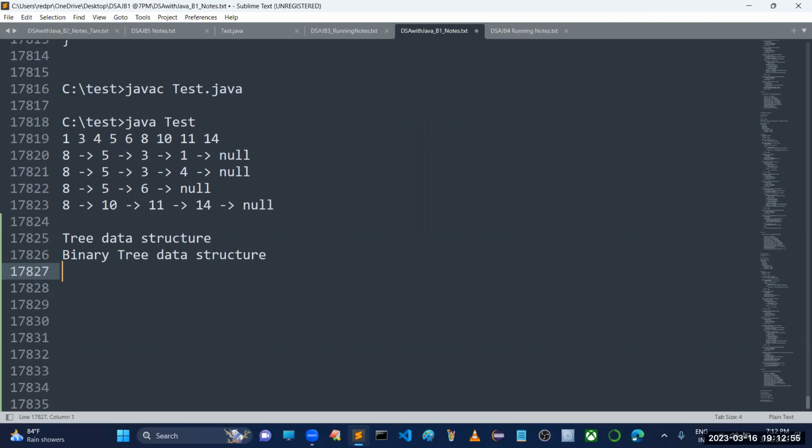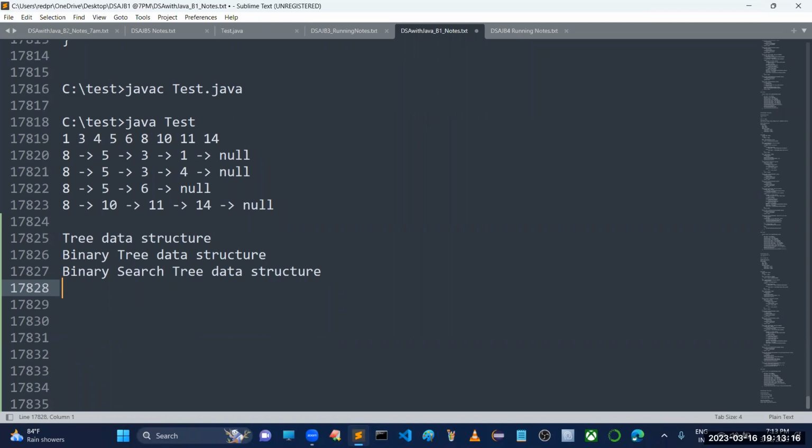Now in today's session I am going to talk about binary search tree data structure. Here the insertion of elements is based on some sorting mechanism.